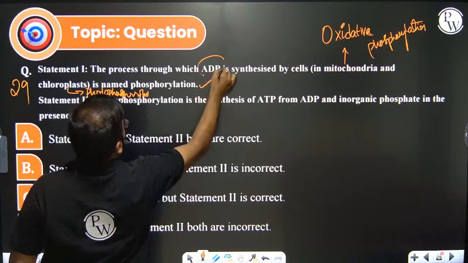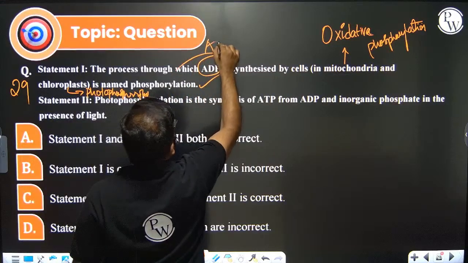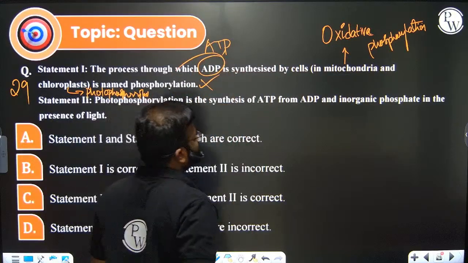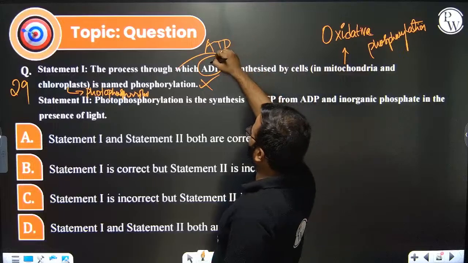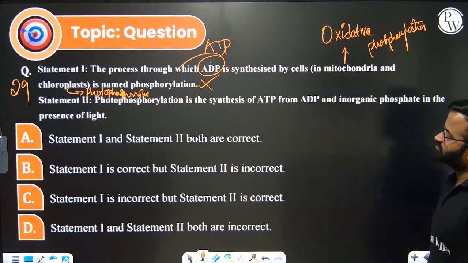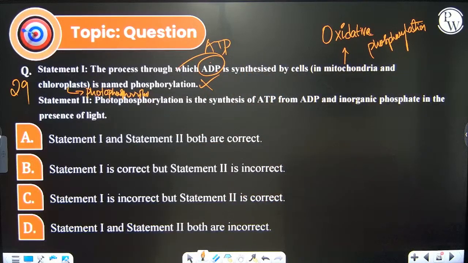But it says ADP. It should be ATP. So it is wrong as a statement. Clear? If it had been ATP, then it would be correct. So for the 29th question, the first statement is wrong. Let's see the second one.